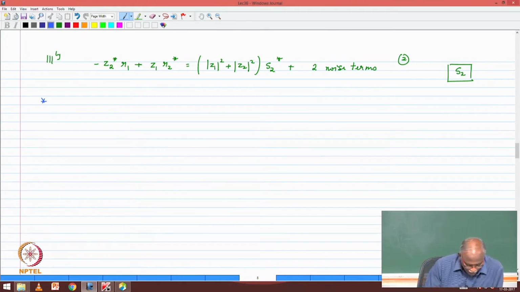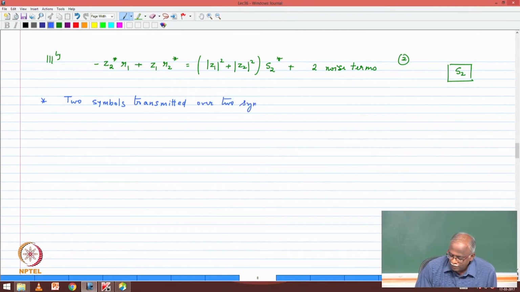So here we said, okay, how many symbols did you actually transmit? 2 symbols in 2 time instants. Okay, 2 symbols transmitted over 2 symbol periods. So I did not compromise on the symbol rate, right? That's very, very important, because if I transmitted 2 symbols and I took 4 symbol periods, then I wasted bandwidth.